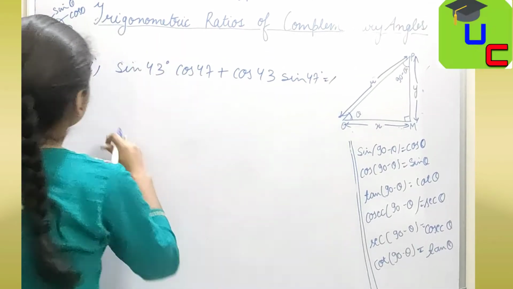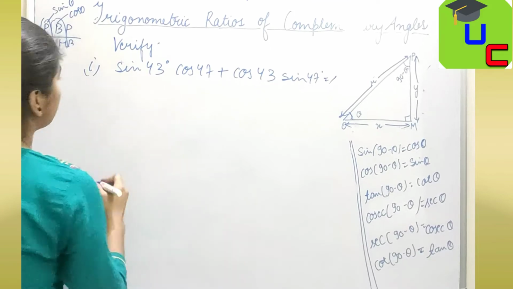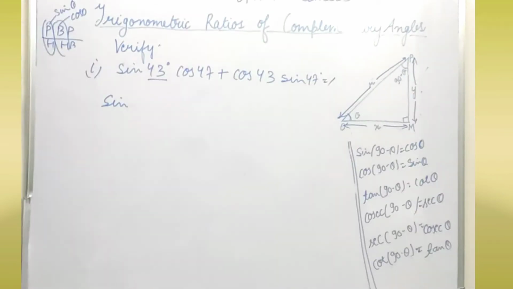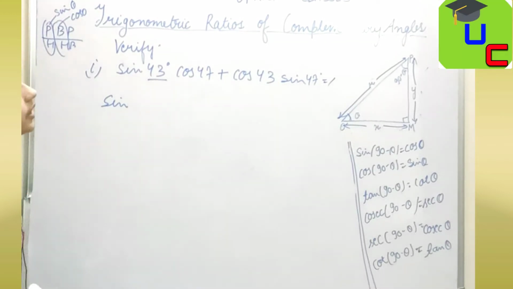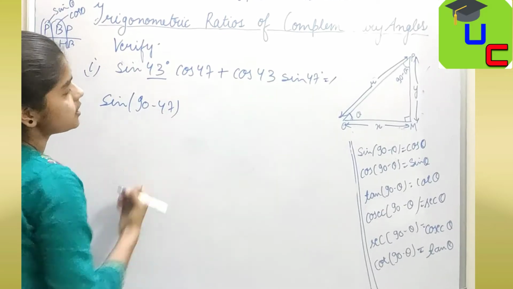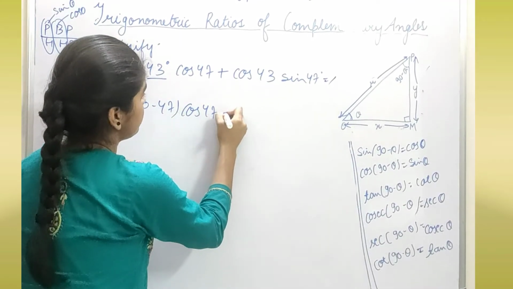Sorry, you need to verify it as 1. Verify it. How will you verify? How can you write sin 43 degree? You can write it as 90 minus 47. Yes, of course you can write it as 90 minus 47, and this is equal to cos 47.